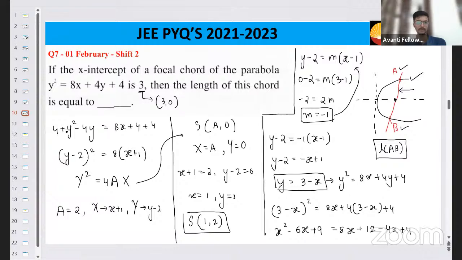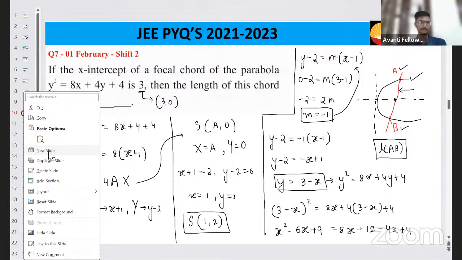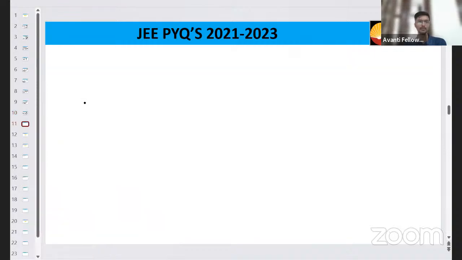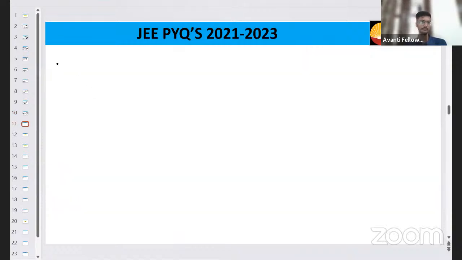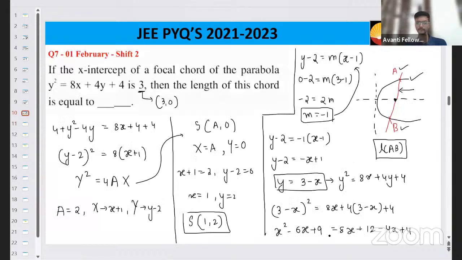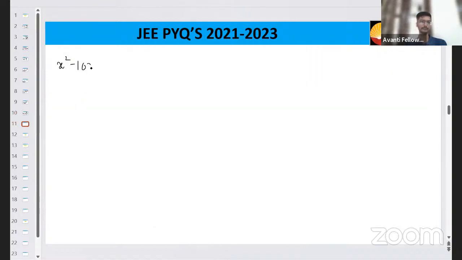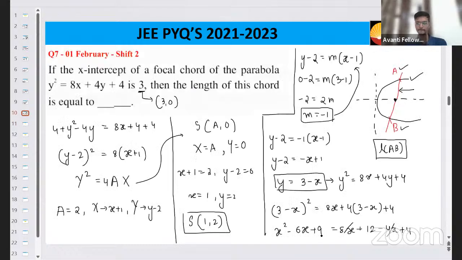We get x square, then 8x minus 4x, and if I take it to the left hand side, I get minus 10x. 12 plus 4 is 16, and 16 minus 9 is minus 7, right?